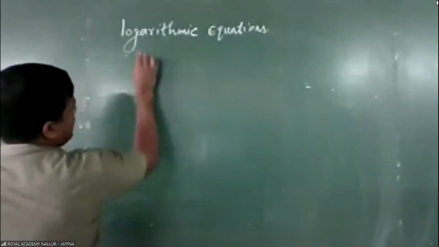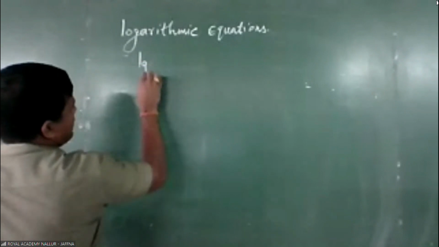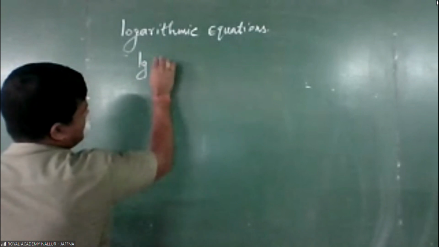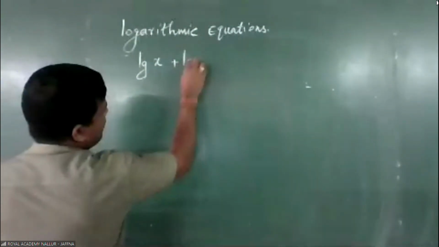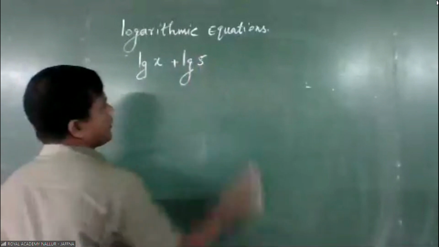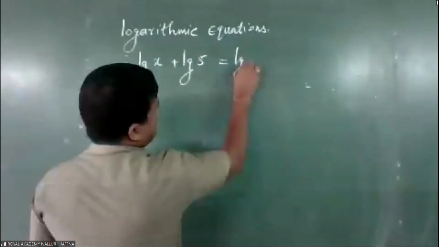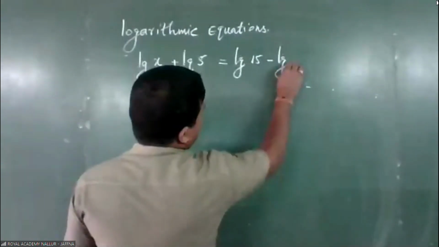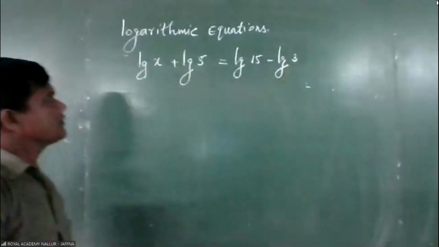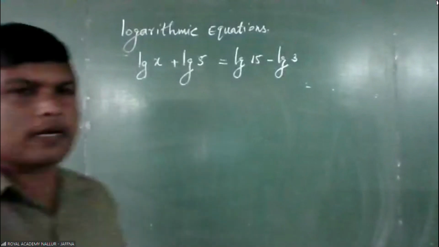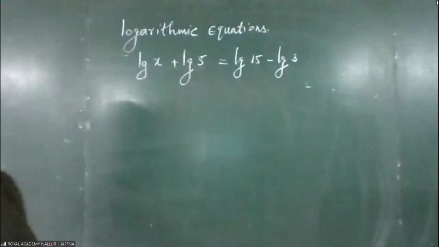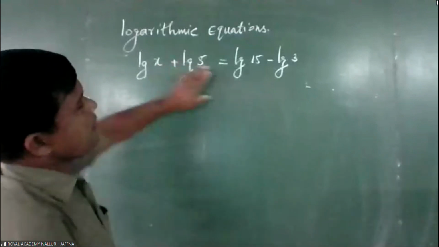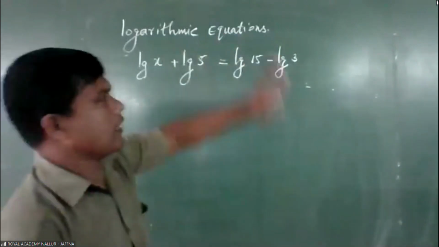For example, logarithm of x plus logarithm of 5 is equal to logarithm of 15 minus logarithm of 3. All these logarithms are base 10 logarithms. So here, on both sides of this equation, we have logarithms.